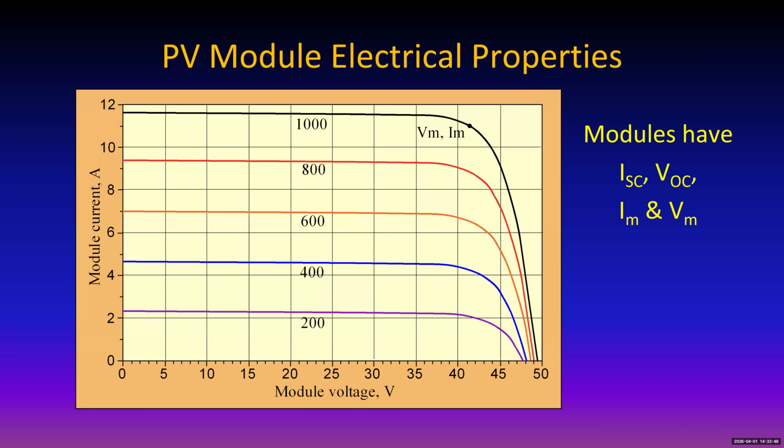So there are four parameters that characterize these modules. Open circuit voltage, you can see where those are, somewhere in the 47 to 50 volt range. And short circuit current, which means there's 0 volts across it.